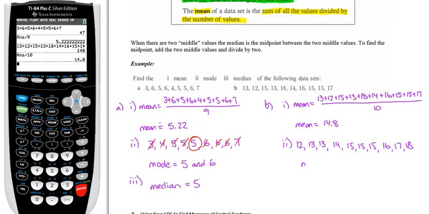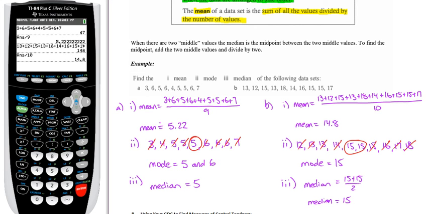So the mode is the most frequent, which is 15, because there's 3 of those. And then for the median, I have to again find the middle. So start from the ends and cross off values. Now this time I'm left with 2. So the median is the midpoint between them, which is 15 plus 15 over 2. But because those are the same, that just means my median is 15.